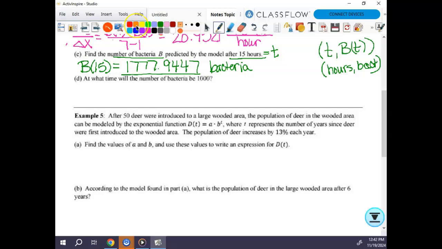All right, then it says, at what time will the number of bacteria be 1,000? So they're giving me the outputs, right? They're telling me this is equal to b of t. b of t equals 1,000. That's what I know, and I want to figure out what the time is, so t equals something.